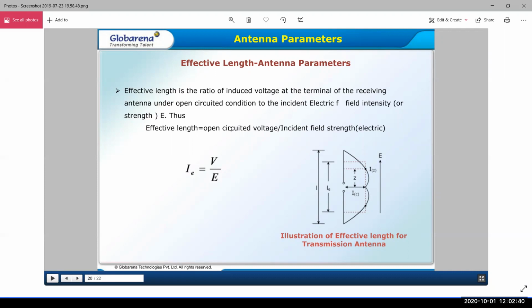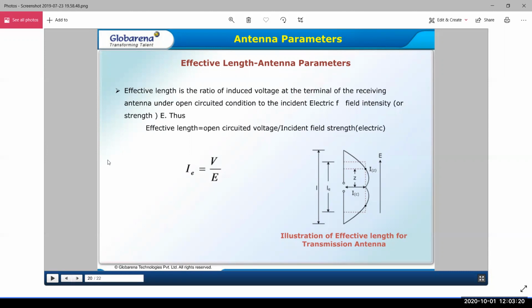Normally, the concept of aperture is most simply introduced by considering a receiving antenna. Whenever we speak about the aperture of the antenna, we consider it a receiving antenna. Suppose the receiving antenna is a rectangular electromagnetic horn in the field of a uniform plane wave. Then the antenna aperture can be denoted as, I will write the equations.